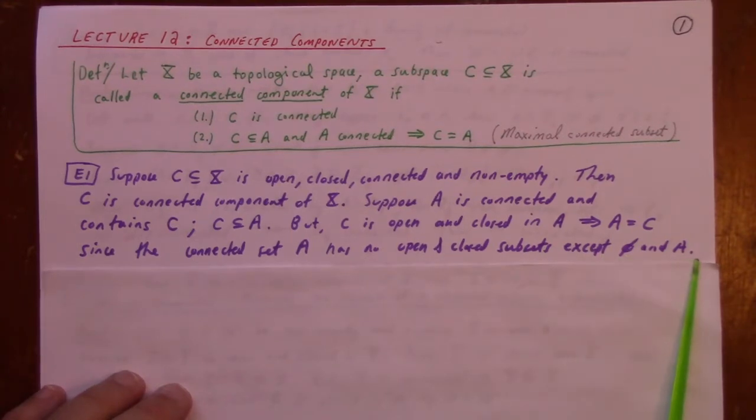So if you have a subset of a topological space which is both open and closed and connected, it's a connected component.